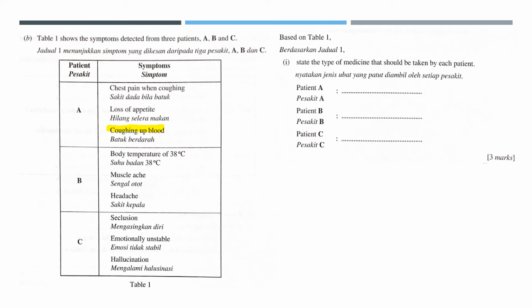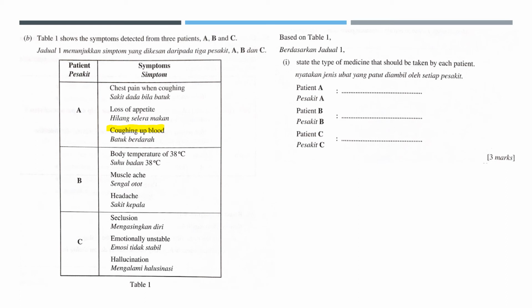Patient B, body temperature 38, is slightly higher than normal body temperature, which is 37.5. So patient B has a fever. At the same time, patient B has muscle ache, has headache. So patient B should be given an analgesic.